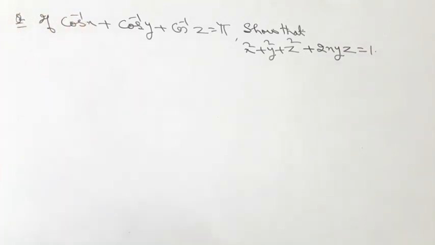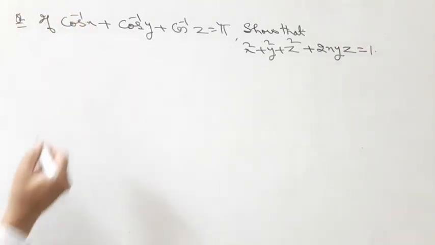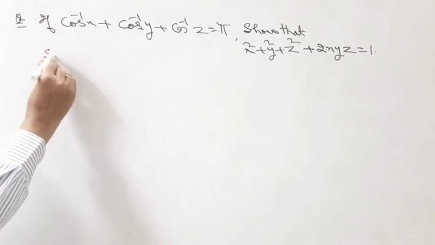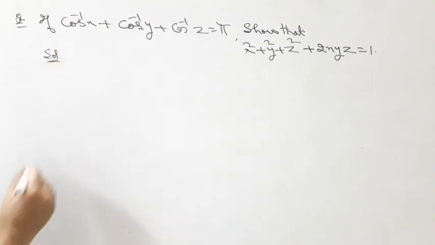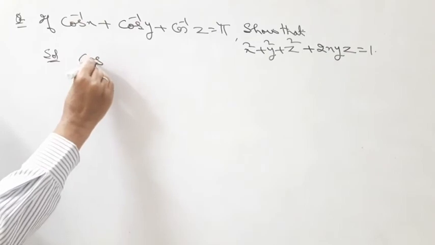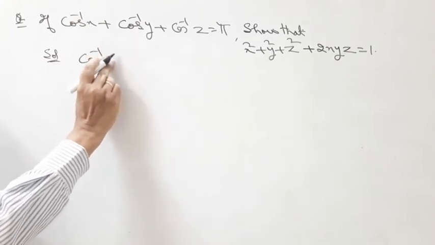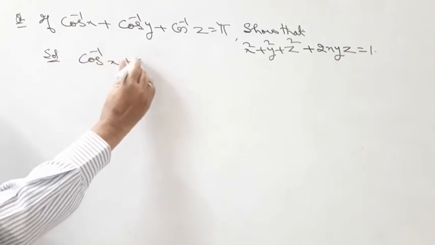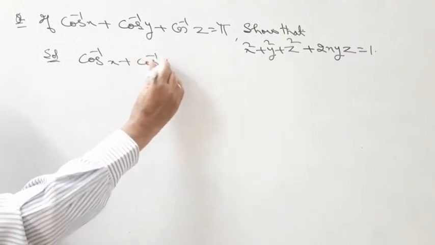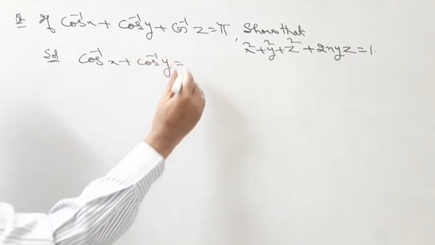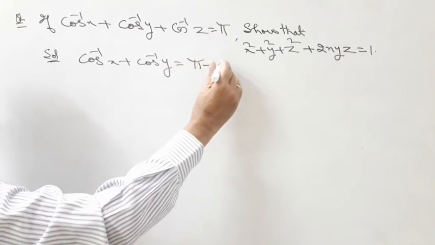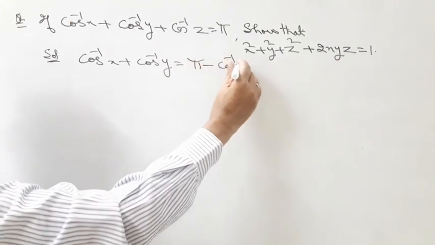Therefore, this is the question. So we take up the solution. We have cos inverse of x plus cos inverse of y is equal to pi minus cos inverse of z.